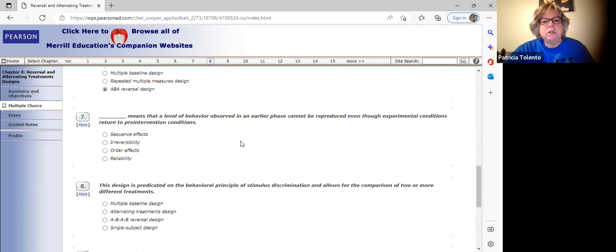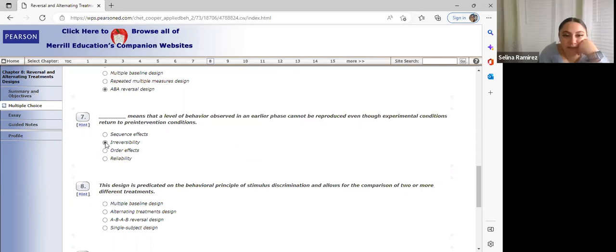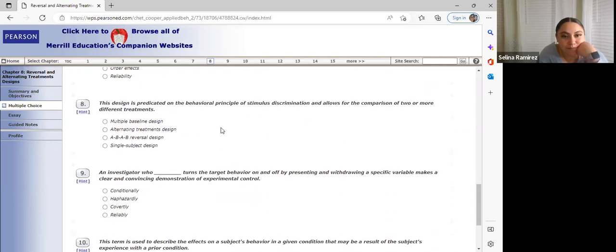Reversibility. Okay, yeah, irreversibility. The irreversibility means that a level of behavior observed in an earlier phase cannot be reproduced, even though experimental conditions return to baseline. Yeah, that sounds good. Yeah.